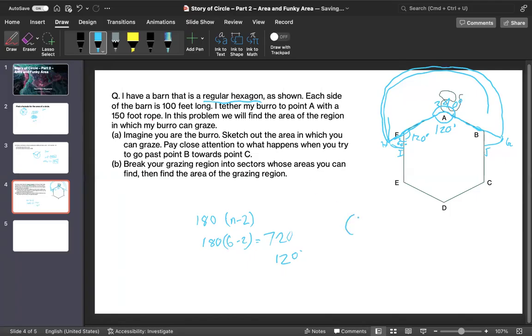So this would be 1/6 pi times 50 squared, because over here, HF, which is the radius of the little circle, is 50 feet, which is equal to 1250 divided by 3 square feet.